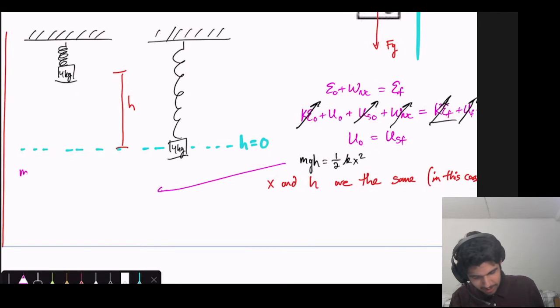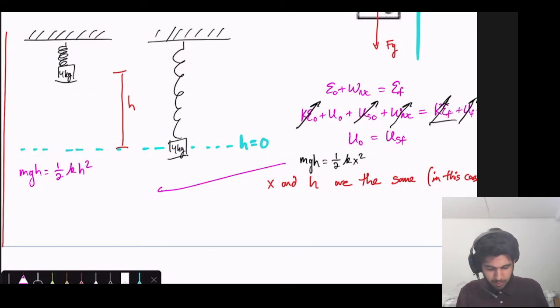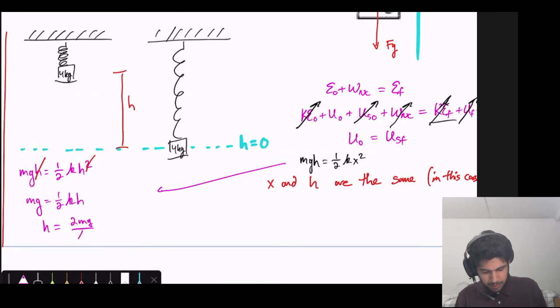We get mgh is equal to 1/2 kh squared. And we're solving for h, so we can cancel one h on both sides. And we're left with mg equals 1/2 kh. And then if we solve for h, we get h is equal to 2mg over k.